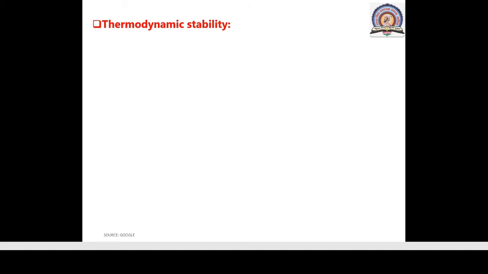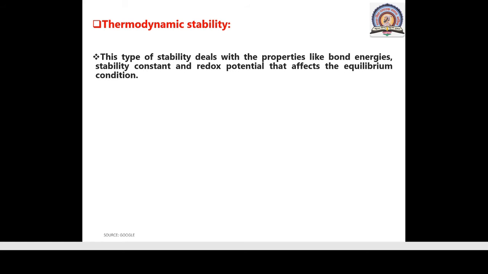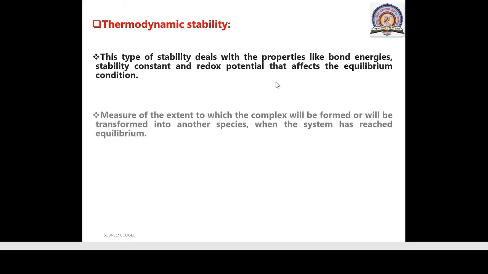The thermodynamic stability and kinetic stability are somewhat theoretical, but it is the easiest one. This type of stability deals with properties like bond energies, stability constant and redox potential that affect the equilibrium condition.